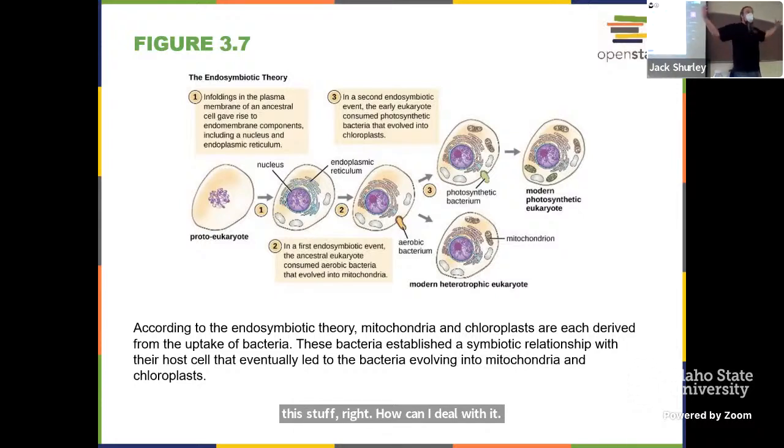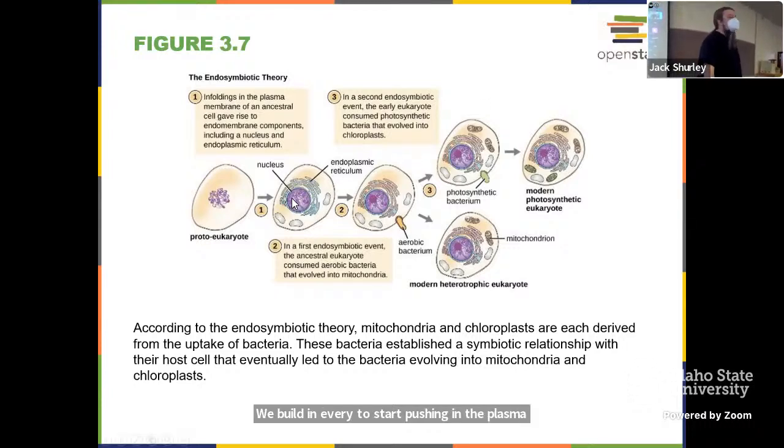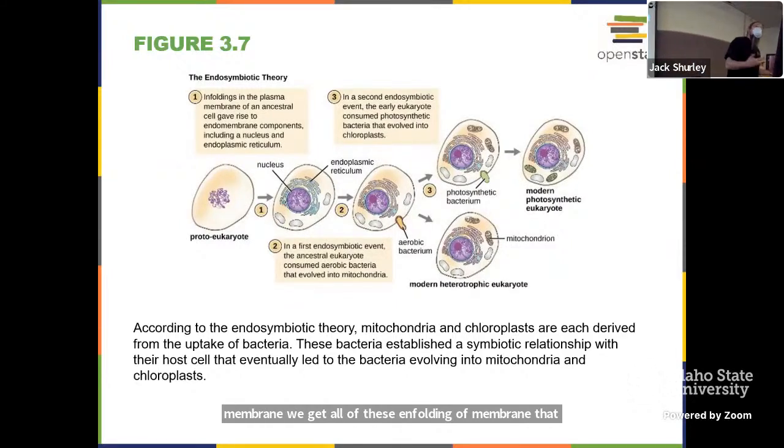So instead of moving out and building on, we build in and we start pushing in the plasma membrane. We get all of these infoldings of membrane that basically increase the surface area. It increases the potential to do stuff on these membranes, but on the inside.